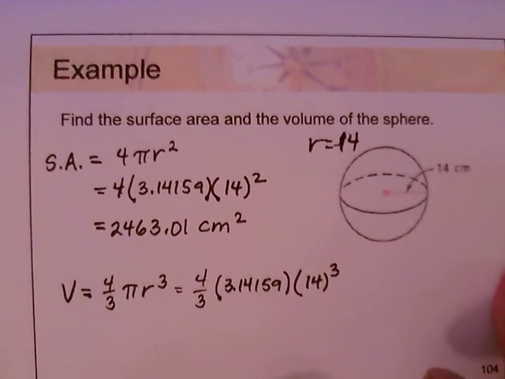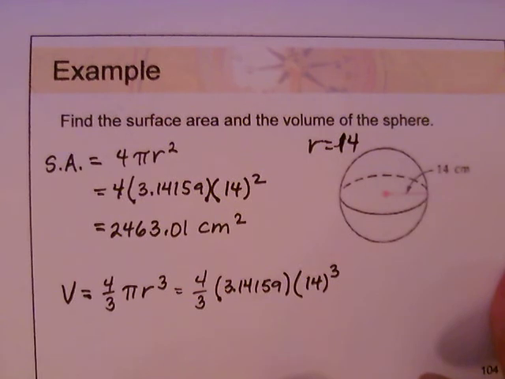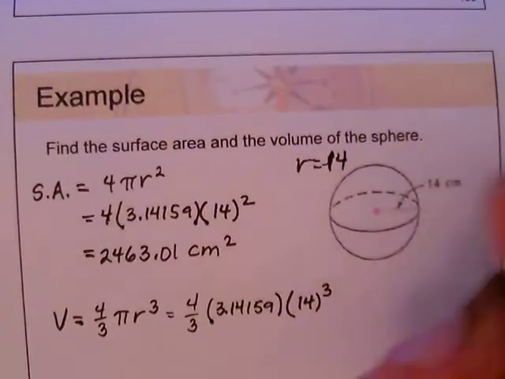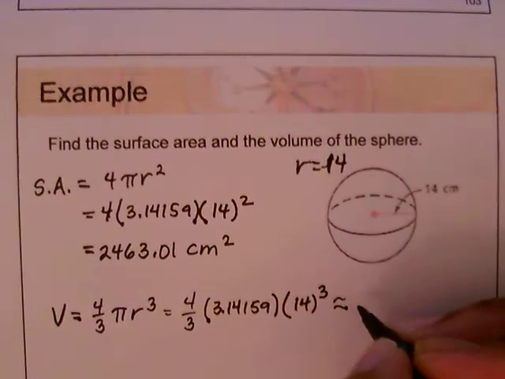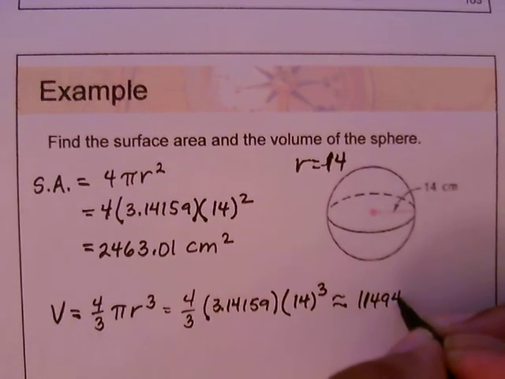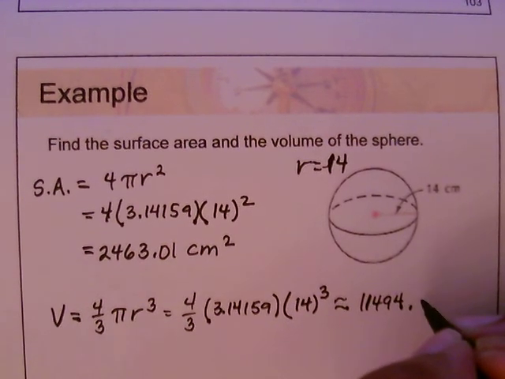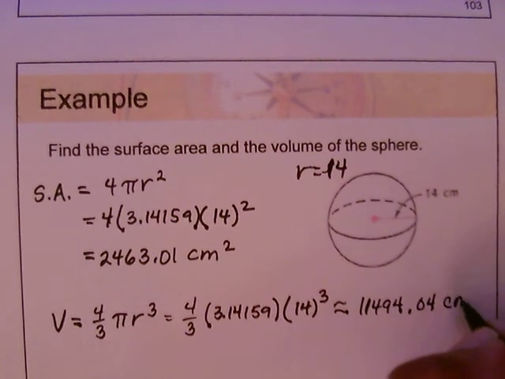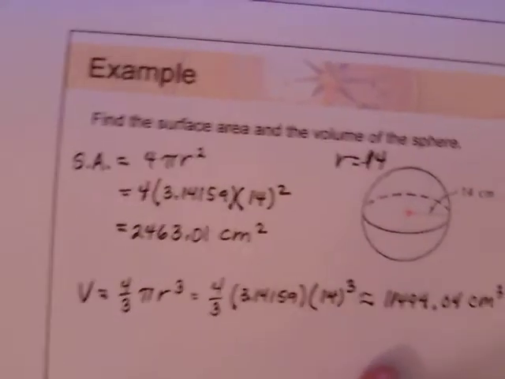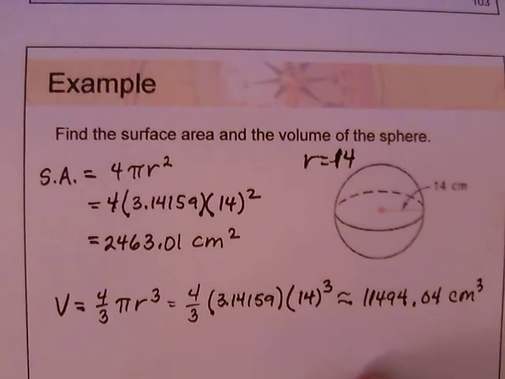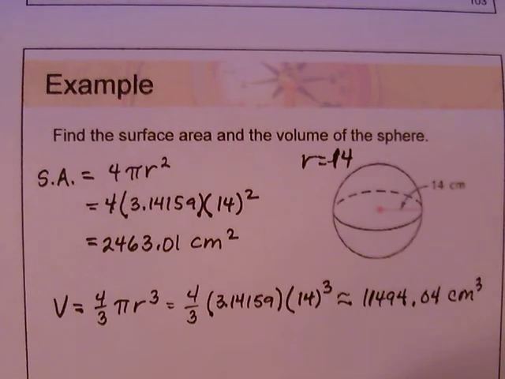So if you do 4 divided by 3 and then multiply by 3.14159, then multiply by 14 times 14 times 14, you'll get an approximate value of 11,494.04 cubic centimeters. So that's how we find the surface area and the volume of this particular sphere.